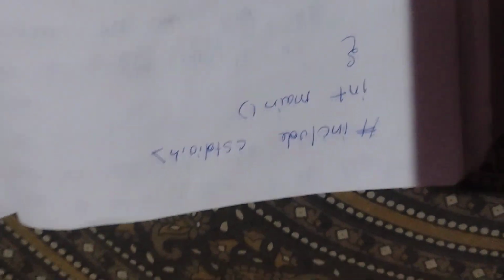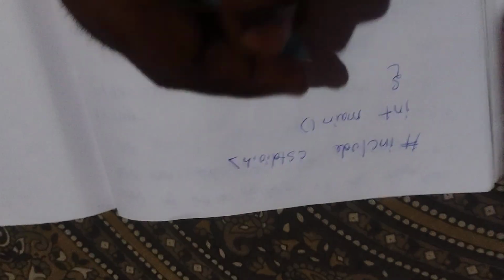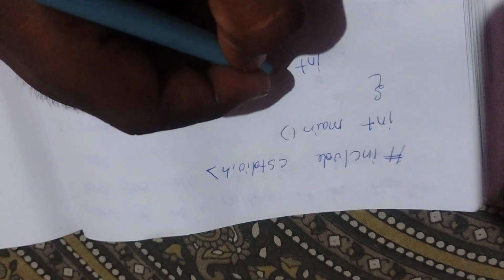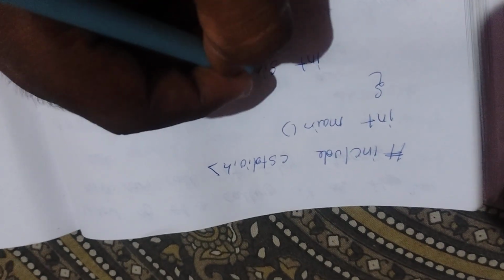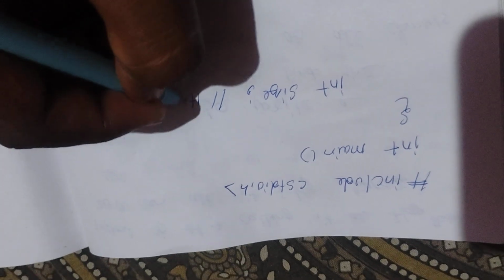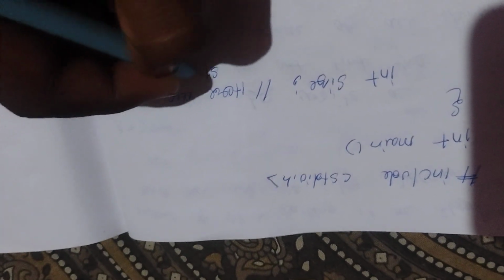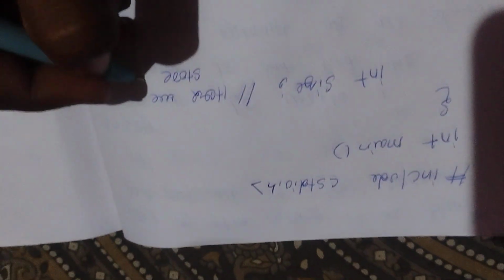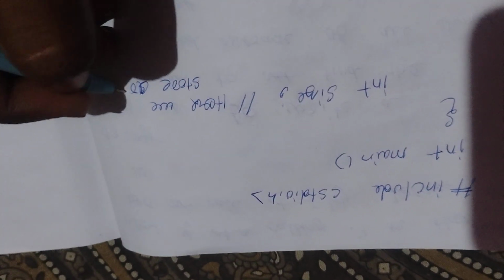Int main open bracket close bracket, open curly braces. Here I'm going to declare a variable and name it size. Here we store the array size.